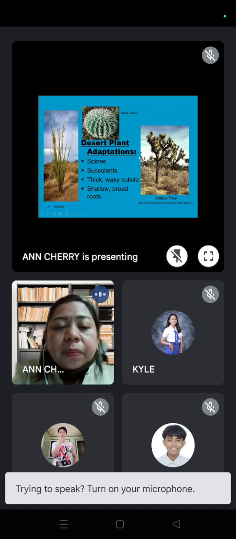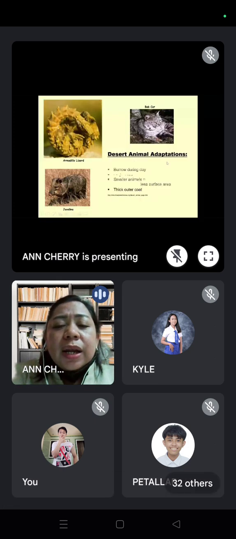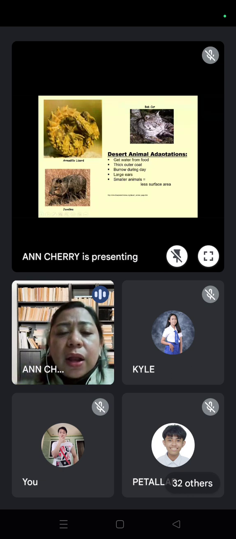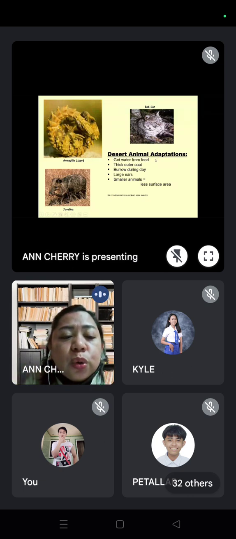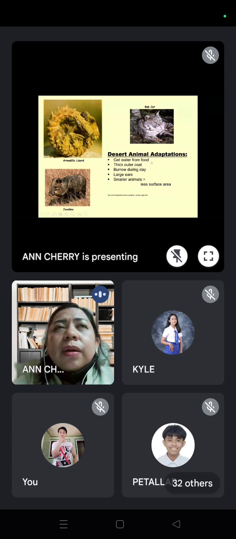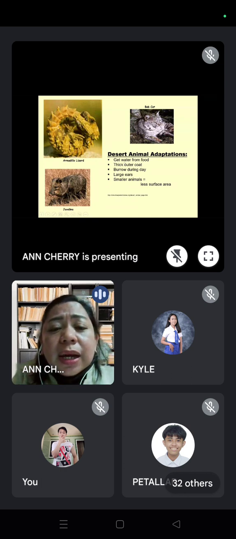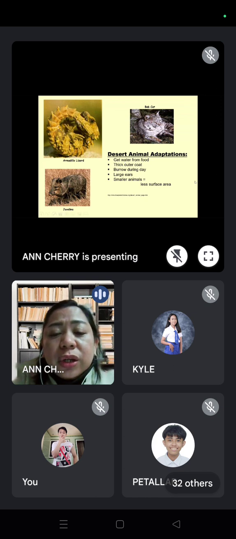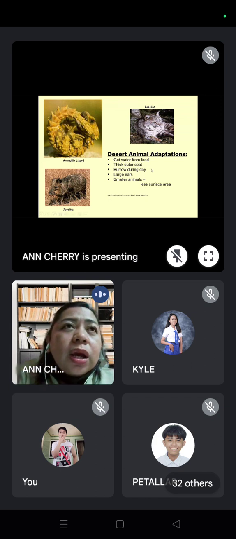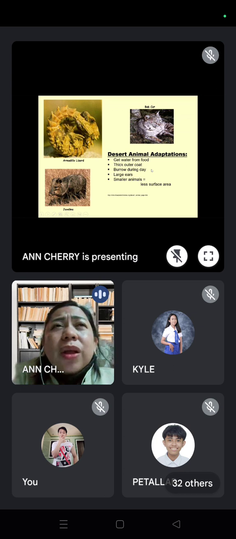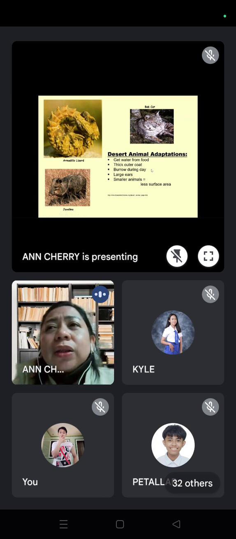Okay. So desert animals, they develop thick outer coat, okay, para dili sila makuan sa init, and they get water from the food kasi scarce ang water sa desert. So they burrow during daytime and they only go out during nighttime. So they are nocturnal, meaning they are active during nighttime.